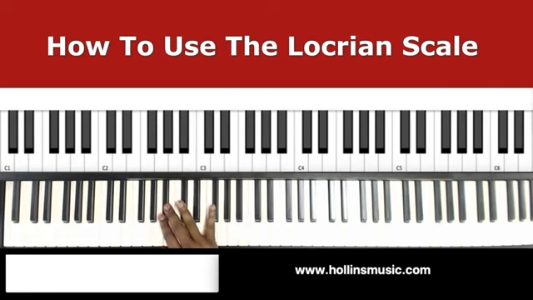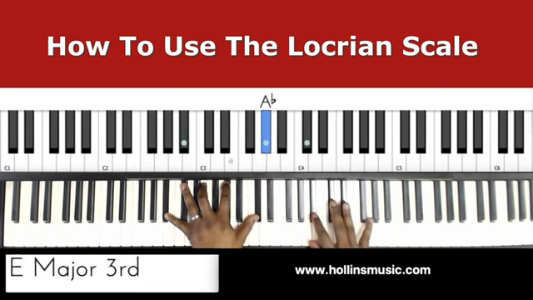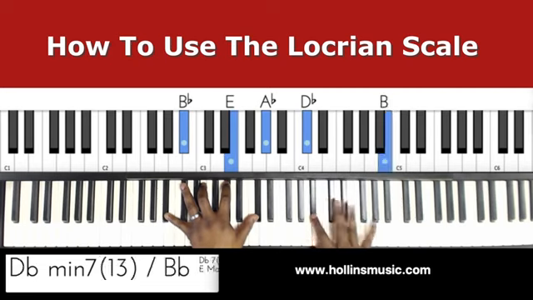Okay, and this would be B flat Locrian, or the 7th mode of B natural, which goes perfectly with this B flat minor 7 flat 5, which again, it would sound like this.